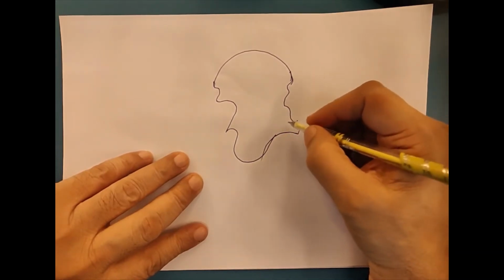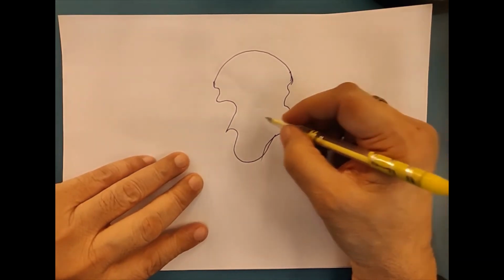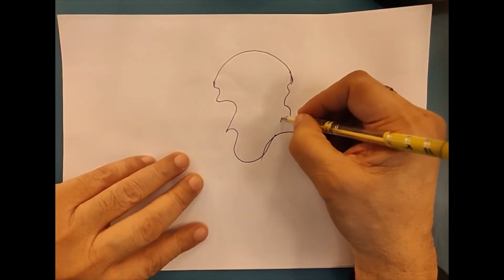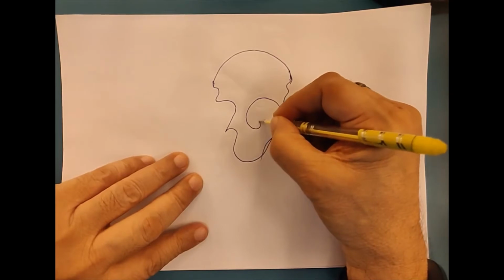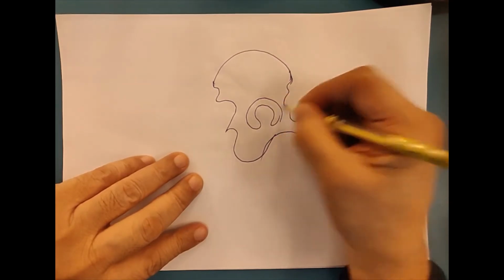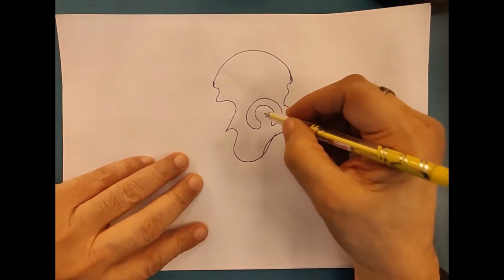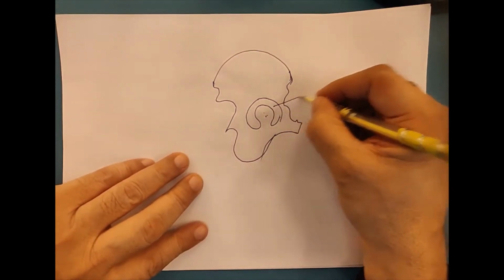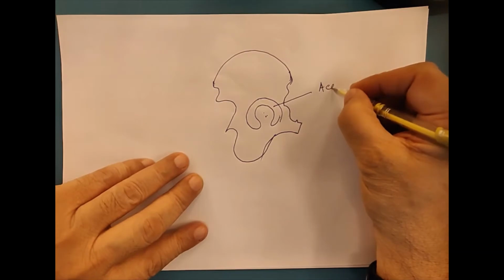And this is the ischiopubic ramus. And you have two important things on this. The first is a notch-shaped cavity or the socket in which the head of the femur will fit. Now this is the acetabulum.